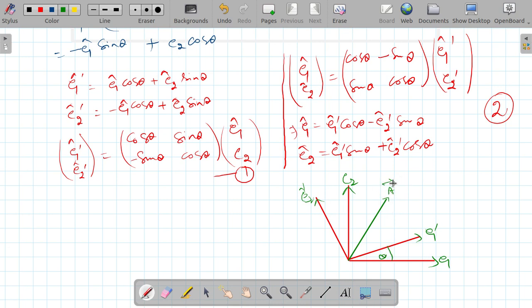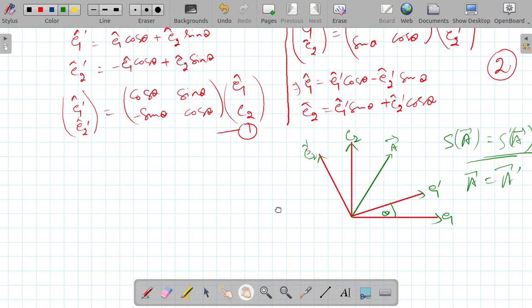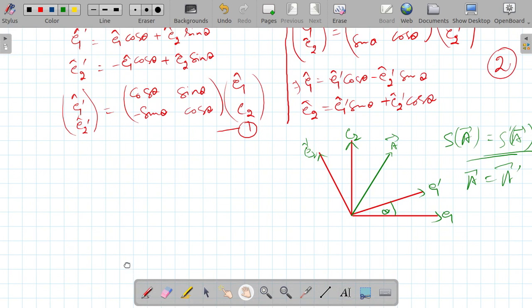Since this vector remains invariant whether it is seen from the S frame or from the S prime frame, it will remain the same. In other words, vector A is equal to vector A prime. For this, let us proceed as follows.